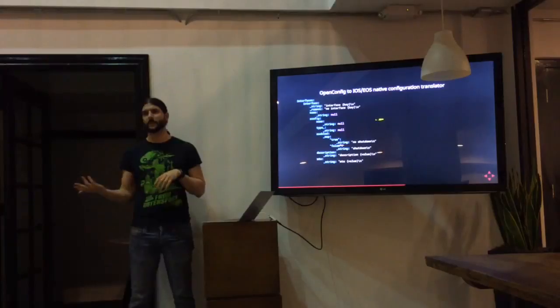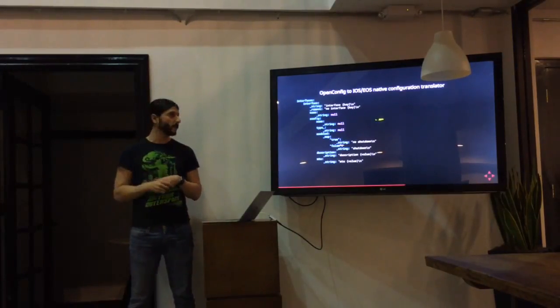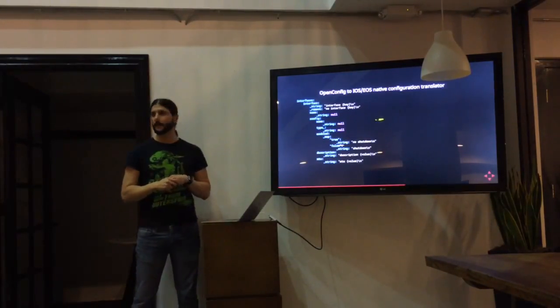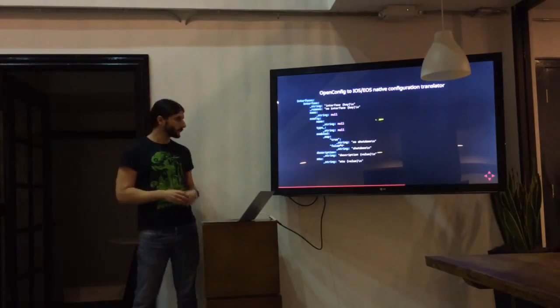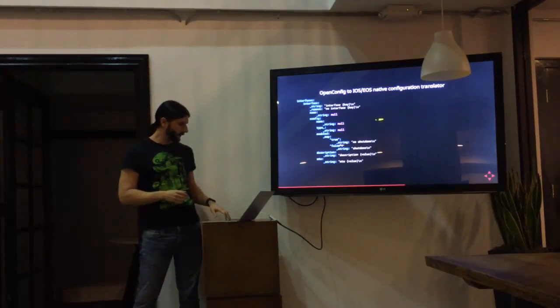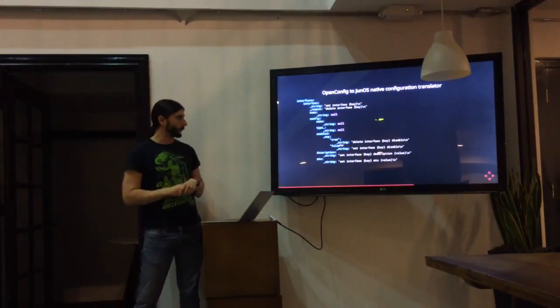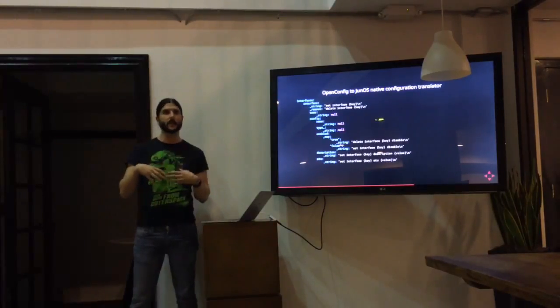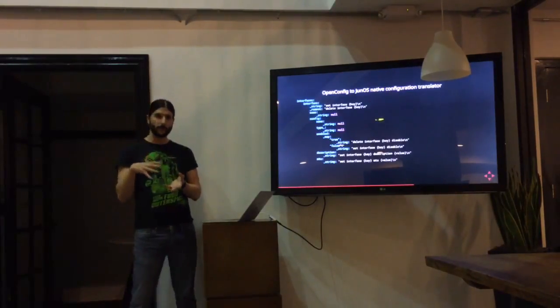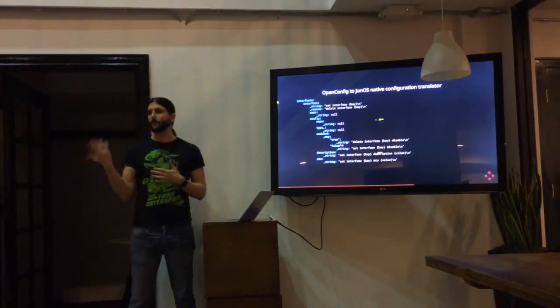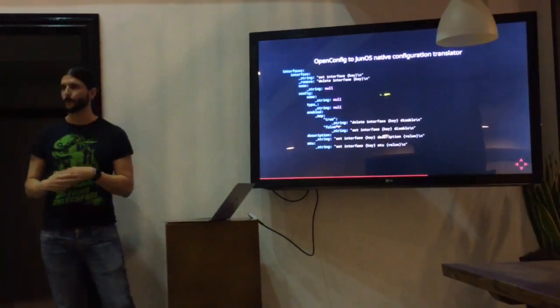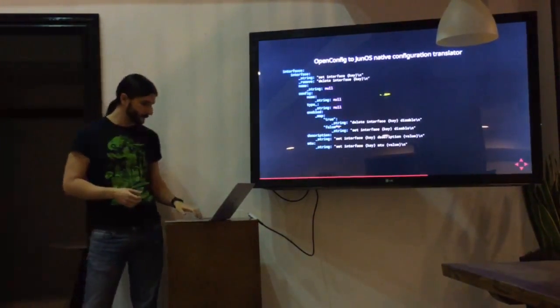And it can do the opposite as well. Given an OpenConfig object, it's able to create native configuration. This is the example for IOS. And this is the example for Junos. Just feeding the same OpenConfig model, you will get native configuration regardless of IOS or Junos. You don't really have to care about that.